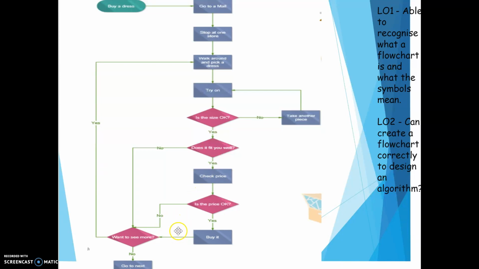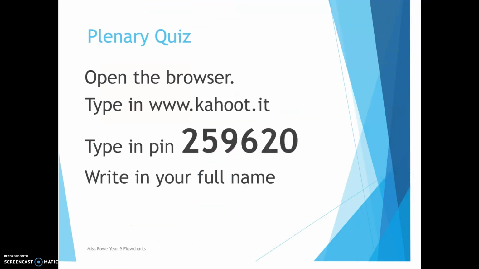And then, or obviously go back. Walk around and pick a dress. Try on. Is the size okay? Yes. Does it fit you well? Yes. Check the price. Is the price okay? That's another added one. So if you haven't thought about that already, that's a little extra. Yes or no. And then it goes round again. So that's a really good, fun option.